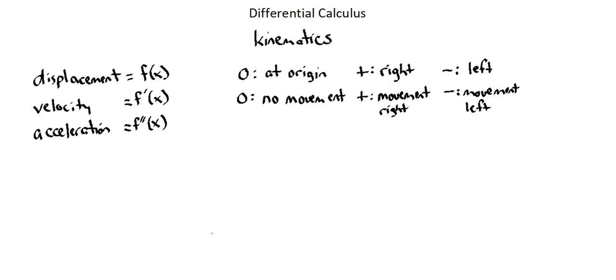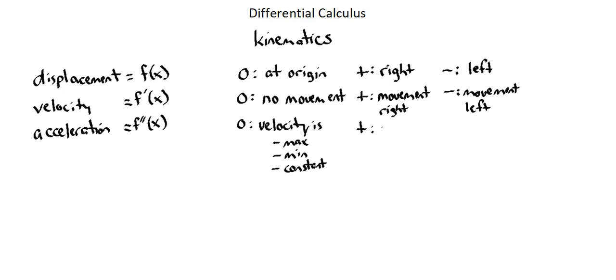And finally, let's look at acceleration. A 0 output for the acceleration function means velocity is either at a maximum, or at a minimum, or not changing, constant. So three possible interpretations of an acceleration function output of 0.